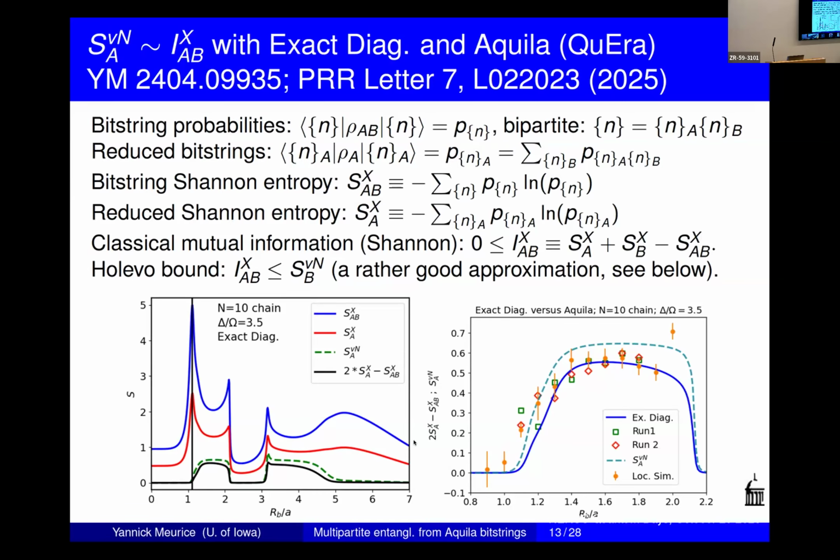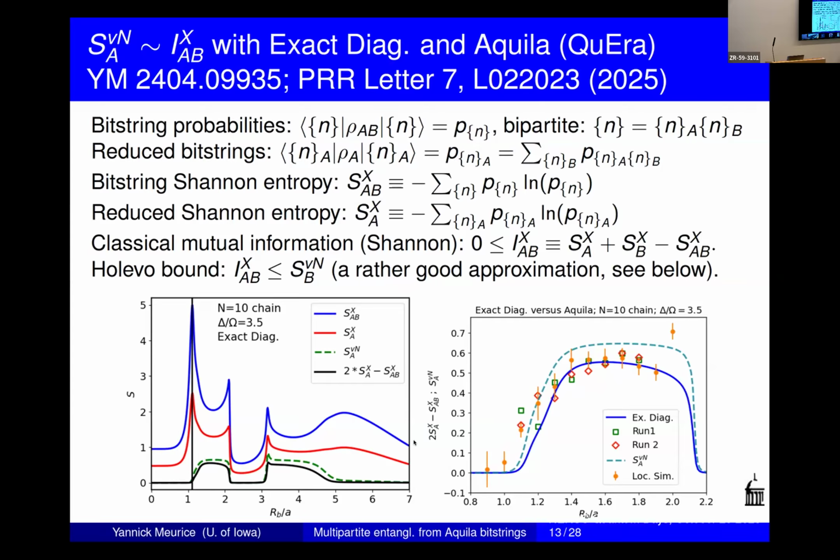It's called the Rényi bound. Now this is the mutual information of the bit string with exact diagonalization. This is the von Neumann entropy with exact diagonalization.